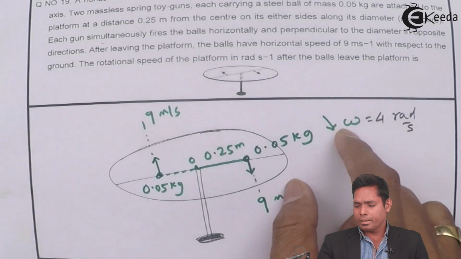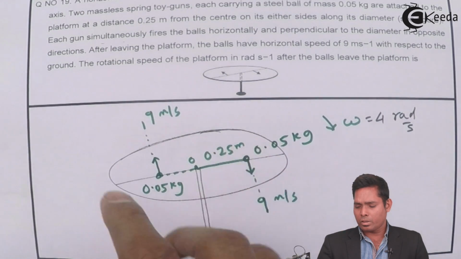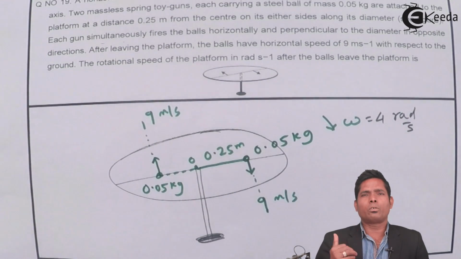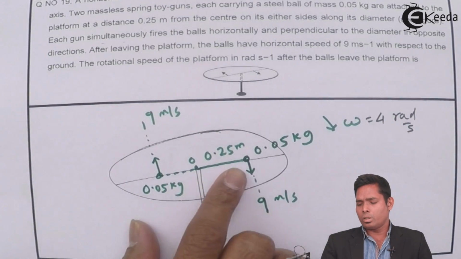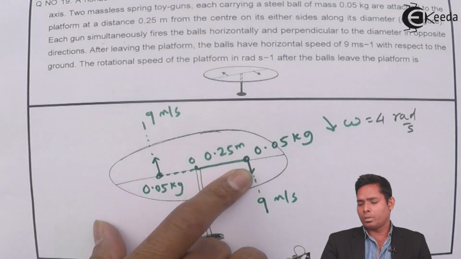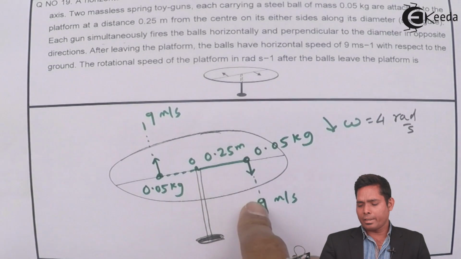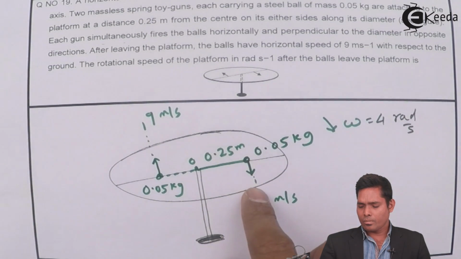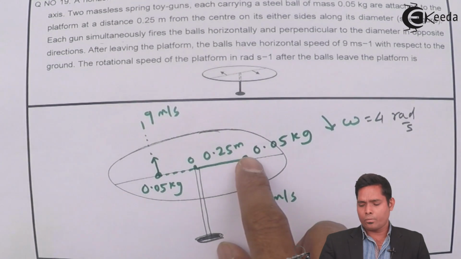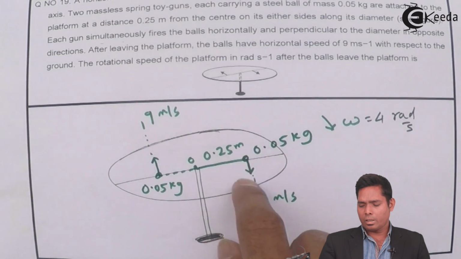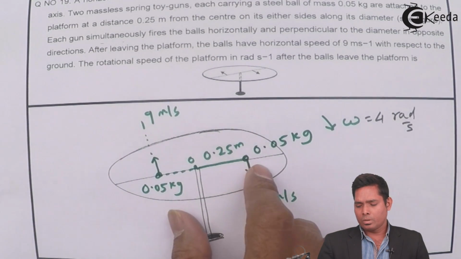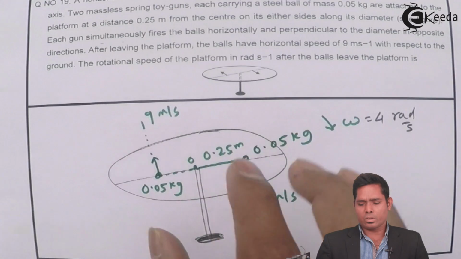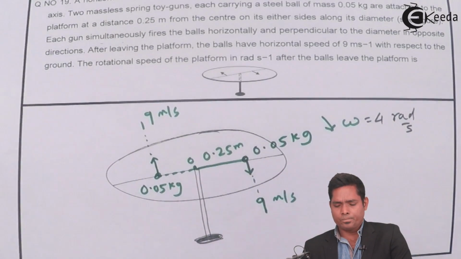The angular velocity of the platform is provided by the momentum caused due to the firing of the balls. When the ball fires and moves in this direction, it exerts a force on the platform, because of which the platform starts rotating with this omega. Okay, thank you.